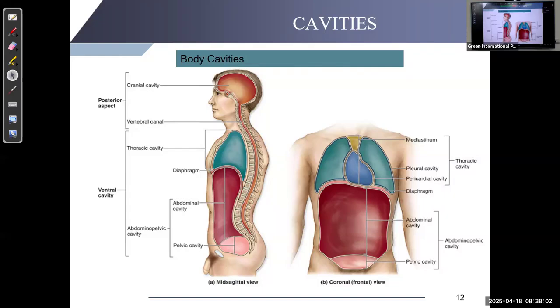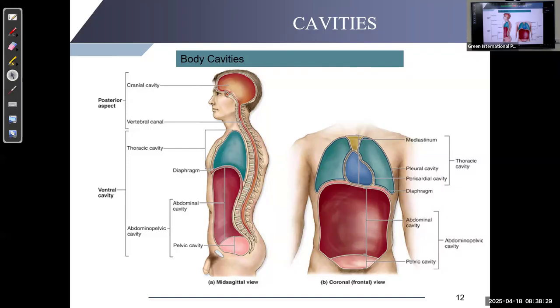Okay. Next, where is our heart situated? It is in the cavity. Heart is in the cavity. Pericardial is the space around the heart. Okay, again, that is also correct.